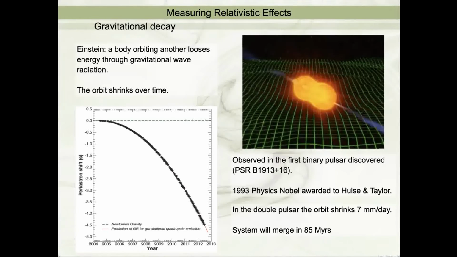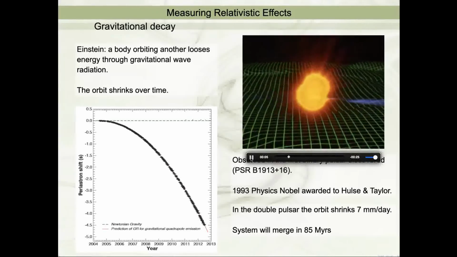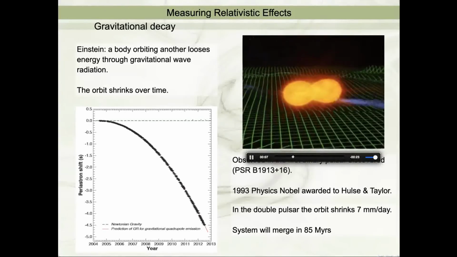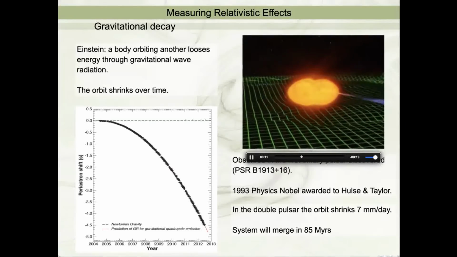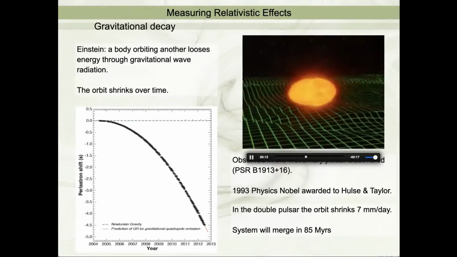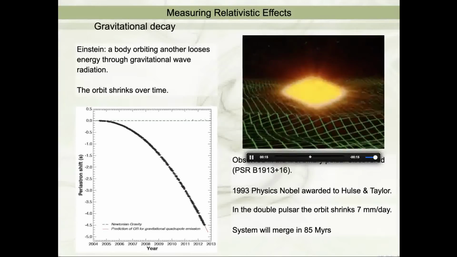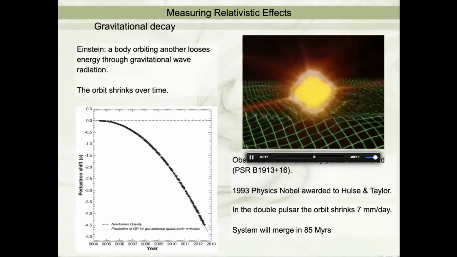You shave about 1 centimeter every day from that orbit. And if you're patient enough, about 85 million years, the two objects will actually collide. The orbit will have shrunk so much that the two pulsars will eventually touch. And when they do, they merge, and then they will turn into a black hole.